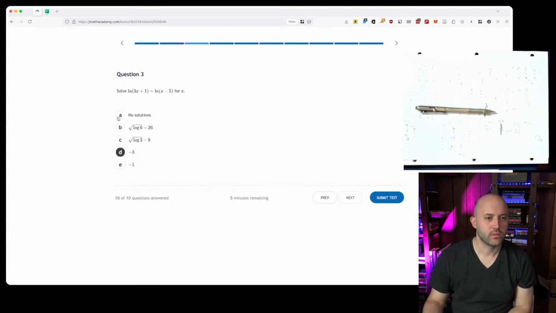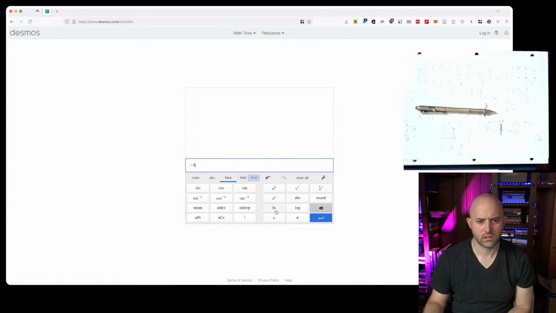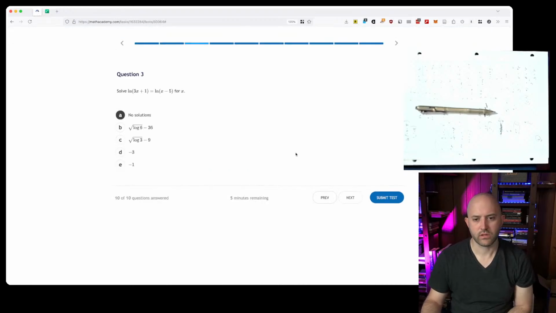That doesn't work. Let's just see what happens with our scientific calculator here. Minus 8. Natural log? Can I do that? No. Undefined. Yay. Okay. So I am switching my answer to no solutions.